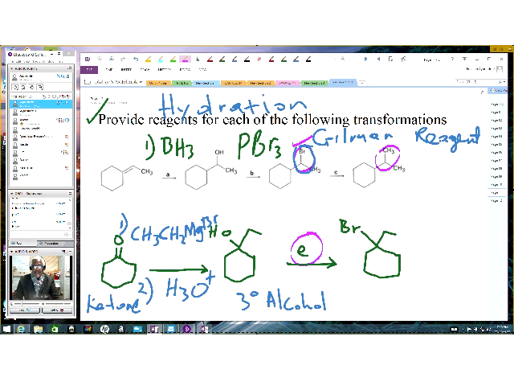In other words, with PBr3, you could replace the hydroxy group of a secondary alcohol or a primary alcohol with a bromine atom. However, if you have a tertiary alcohol, you cannot use PBr3 because PBr3 is an SN2 reaction.